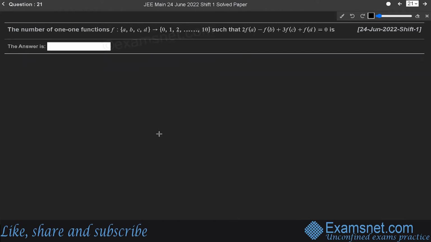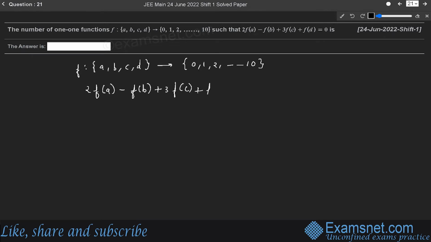Next question is the number of 1-1 functions, where the function is f such that a, b, c, d belong to 0, 1, 2, and so on up to 10, such that 2f(a) minus f(b) plus 3f(c) plus f(d) will be equal to 0.